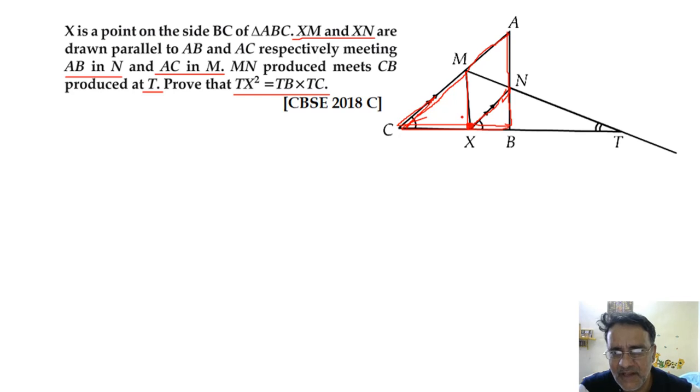Okay, and after that MN is produced and CB is produced, and both intersect at point T. This is the diagram. Diagram is clear? Yes, sir.